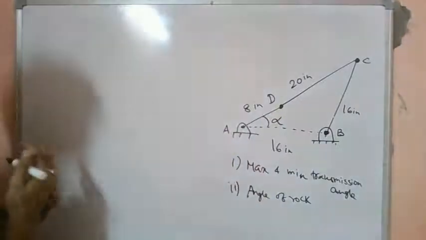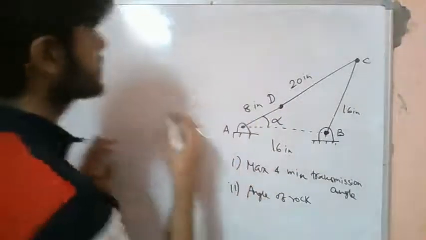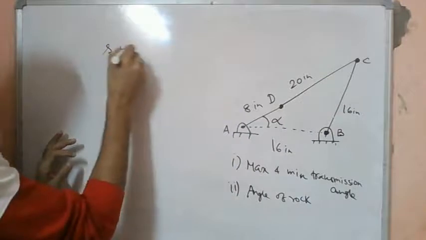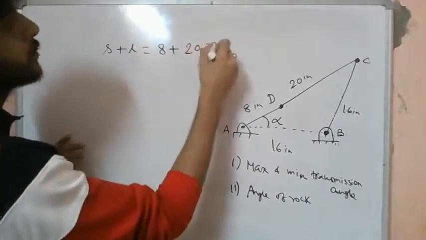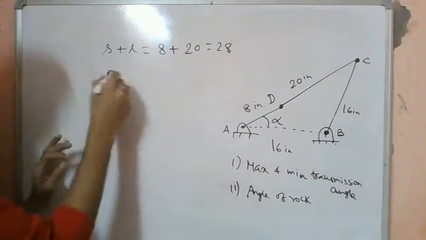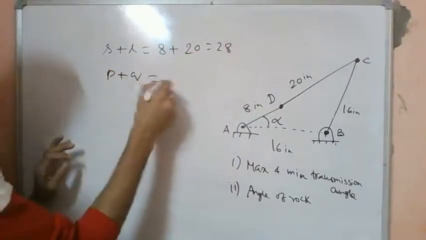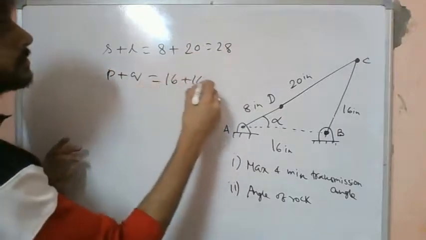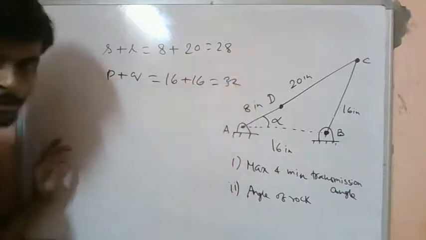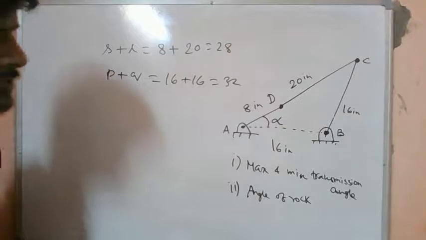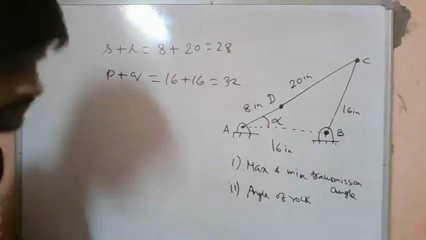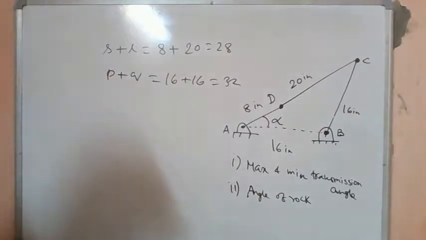We have the shortest link is this, S plus L equals 8 plus 20, we have 28. P plus Q is 16 plus 16, 32. So we have a Grashof chain over here, right?